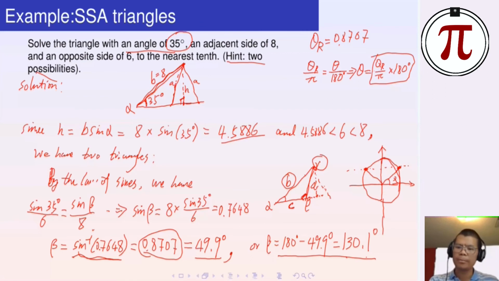Since they are parallel with the y-axis, they are horizontal lines, right? The y-coordinate will be exactly the same for these two points. Now the y-coordinate will be the sines, right? For this one it is sine alpha.